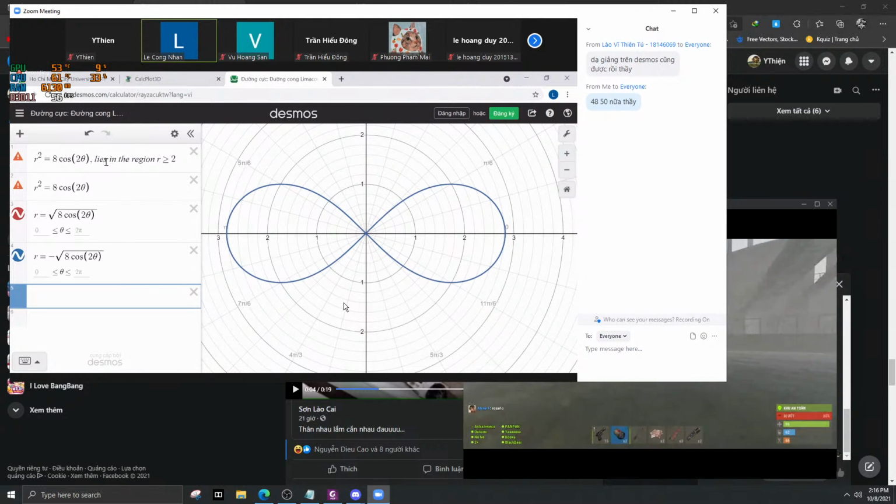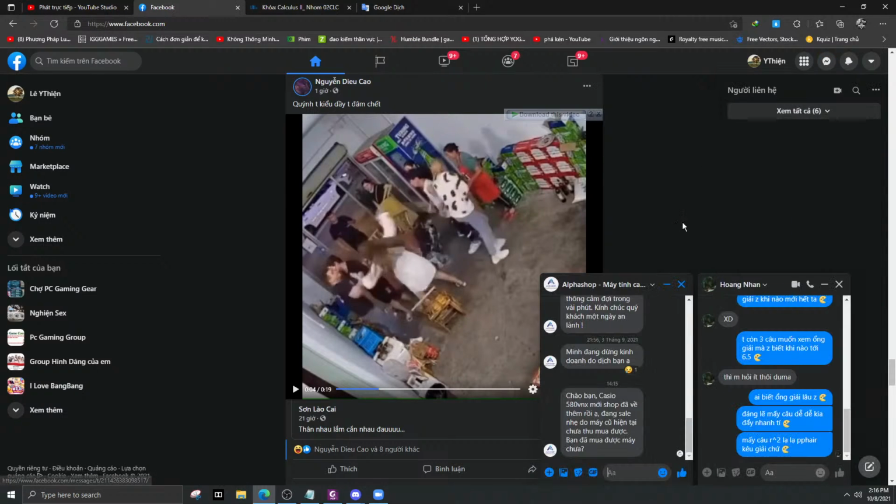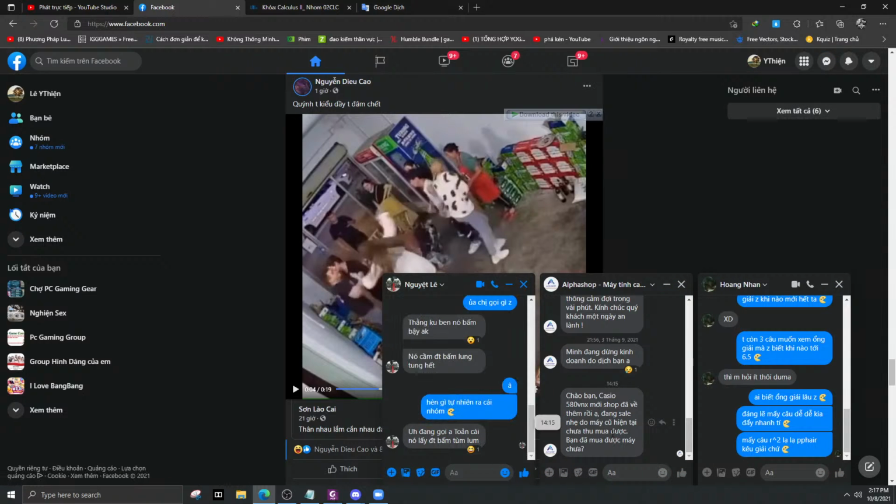And the next one, we get the region r greater than 2, like the portion of the lemniscate that lies in the region r greater than 2. So that is the green region. We have 2 in the region on the right and 1 on the left. So we only need to do the area of the region on the right, and we multiply by 2.